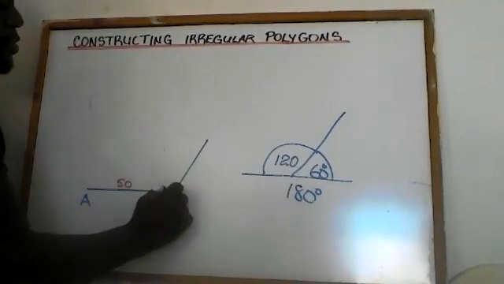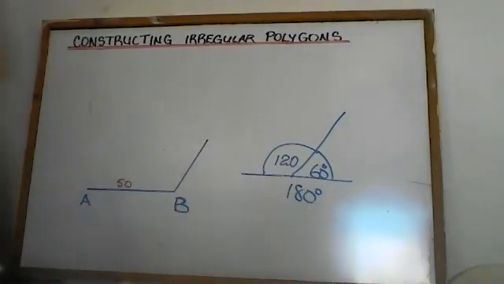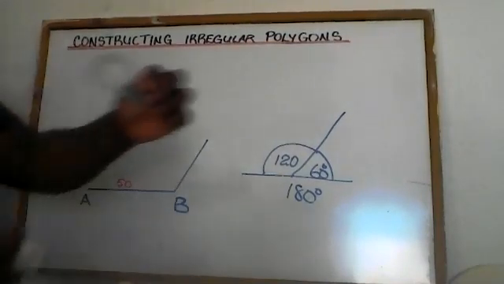You could use your 30-60 degree set square for this, or you could use your protractor to measure the angle. If you do not have a set square in your possession, you could actually use your protractor right here.